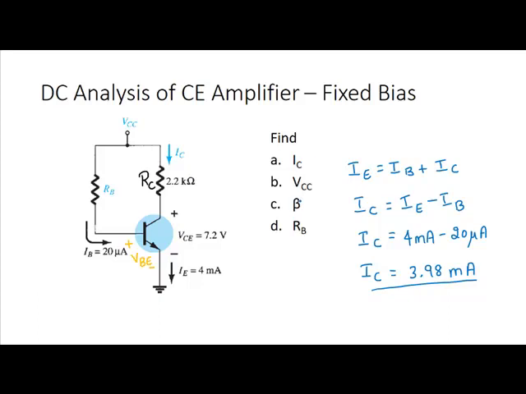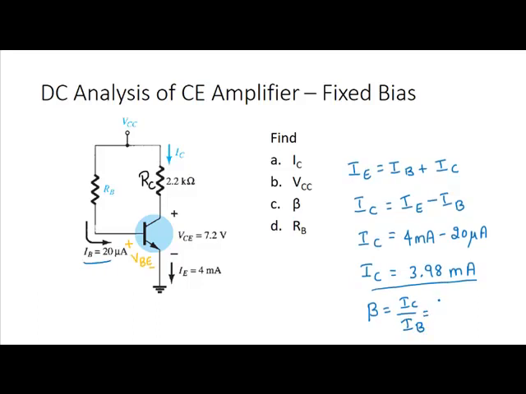If you want to use an approximate method, then you can simply say IC is approximately equal to IE, and you will get the value of IC as 4 milliampere. That is just an approximate. This is more precise. Now IC value is known, IB value is also known. I can quickly calculate the value of beta. So beta is given by IC by IB.